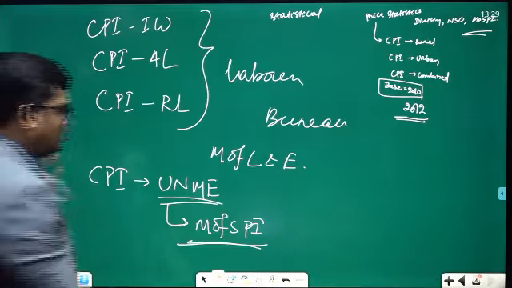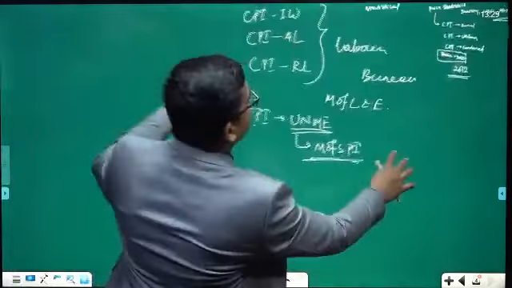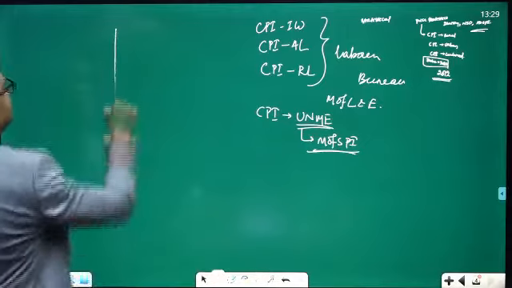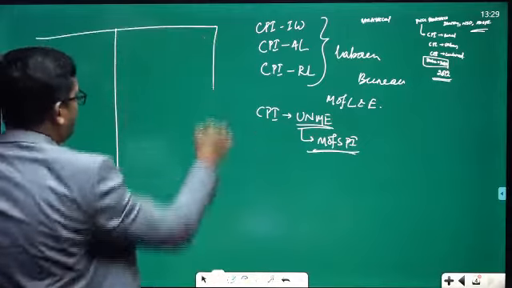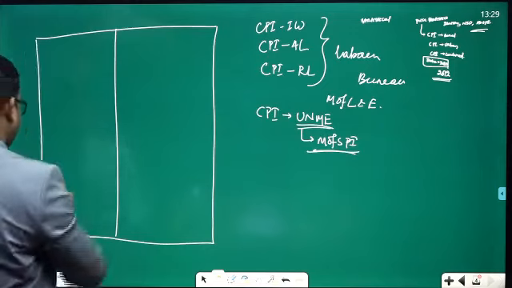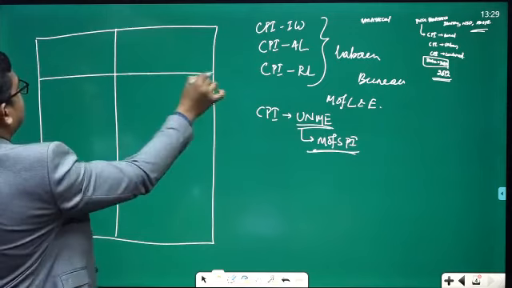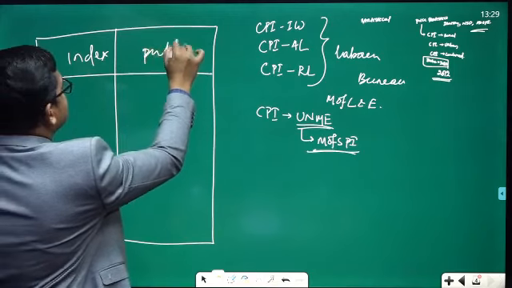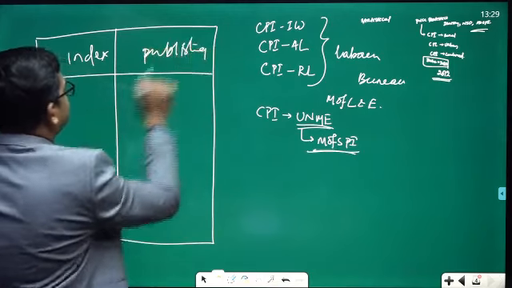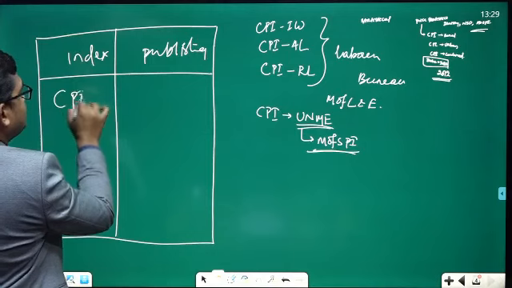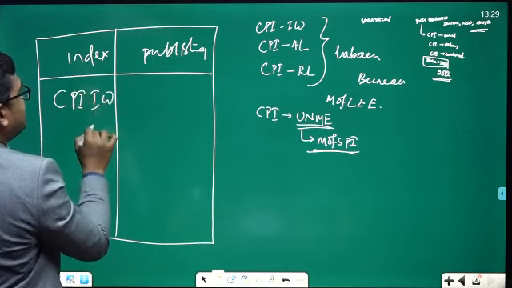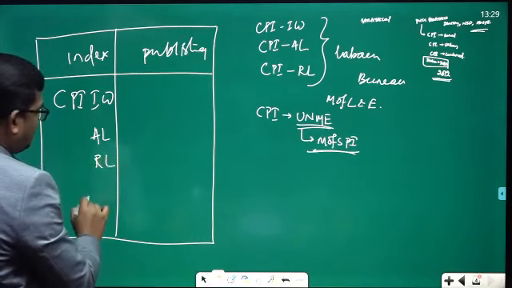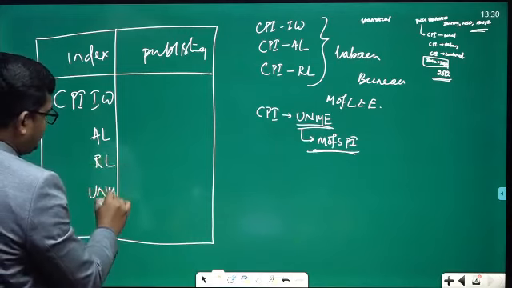So simply you can put all these into a box, like index and publishing agency. You can write it this way: CPI IW, CPI AL, RL, and then UNME.